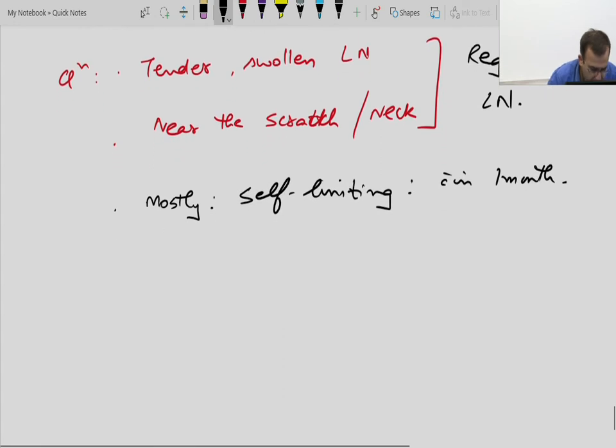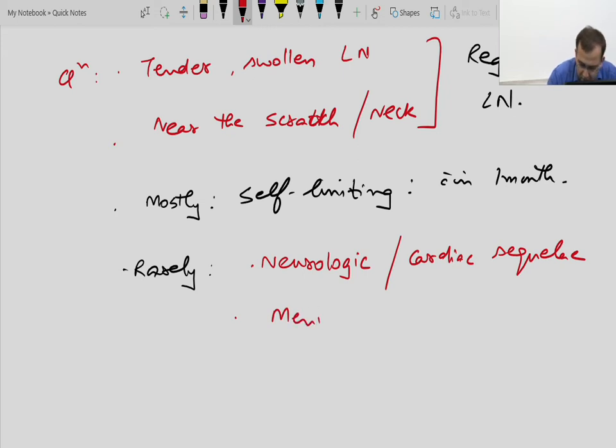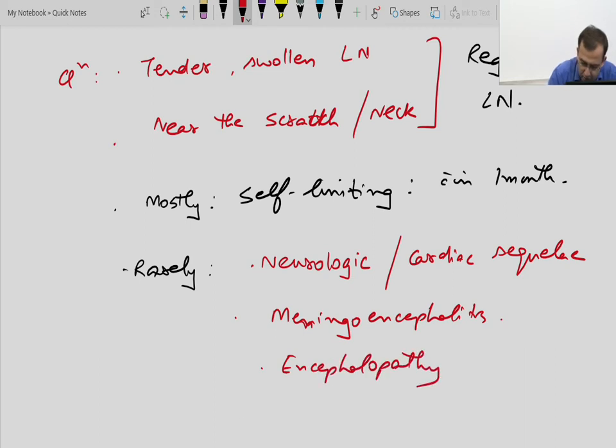Next point, we are all discussing clinical features here only. Rarely it can have neurologic or cardiac sequelae like meningoencephalitis, encephalopathy, seizures or endocarditis.